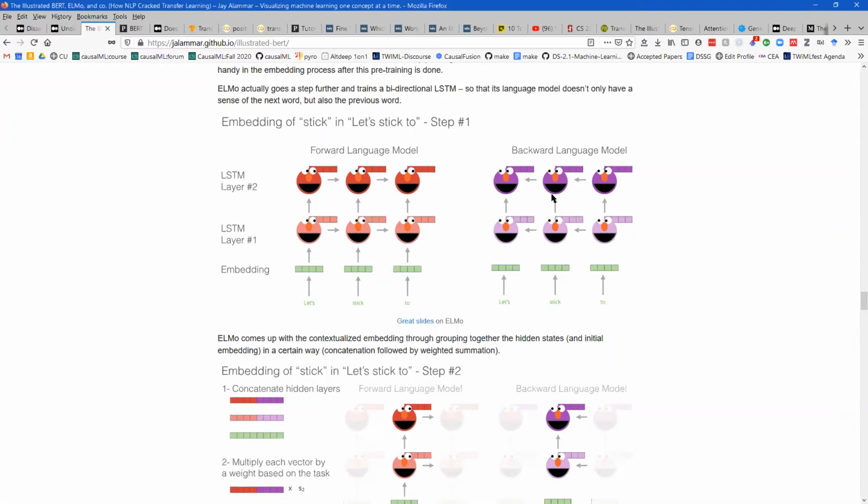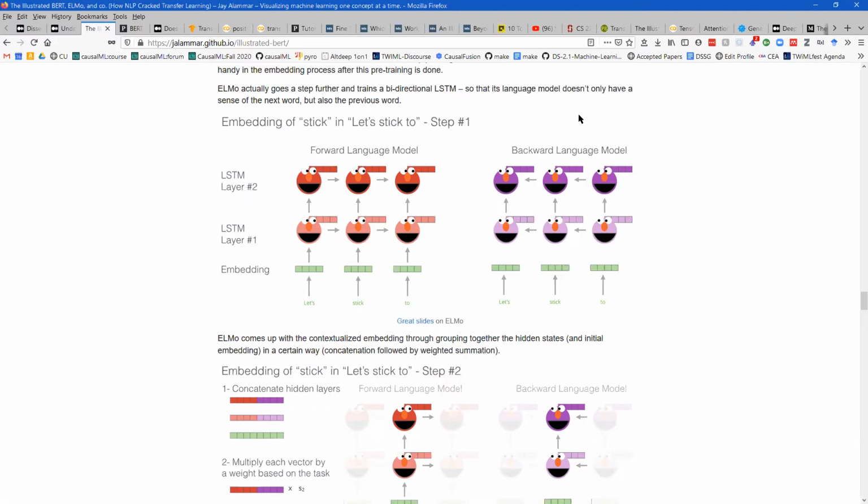The output is the next word of your sentence, whatever it is. But the model as a whole is just a language model which predicts the next word. So if you input your current sentence to this model, and if you want the embedding of the second word, which is stick in this case, you would just take the hidden layer at the second time step from the forward language model and the backward language model.